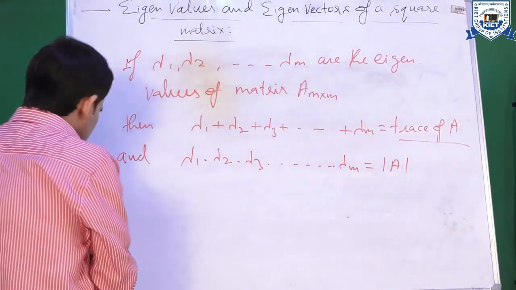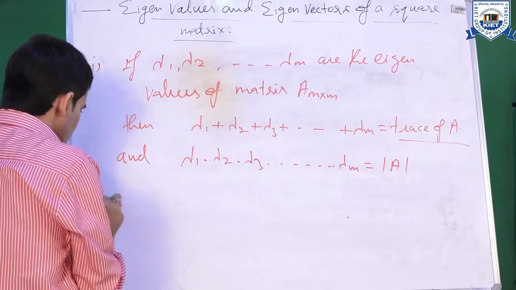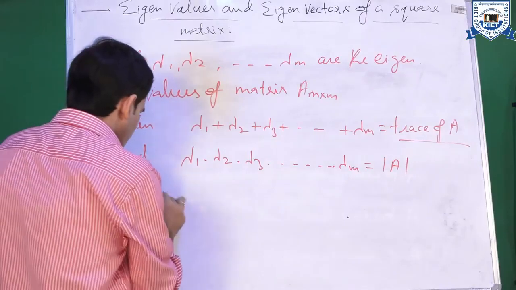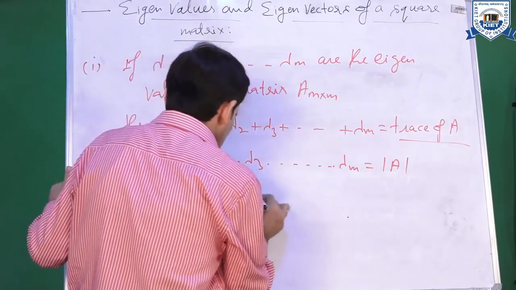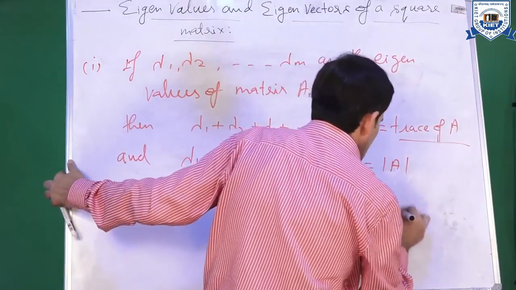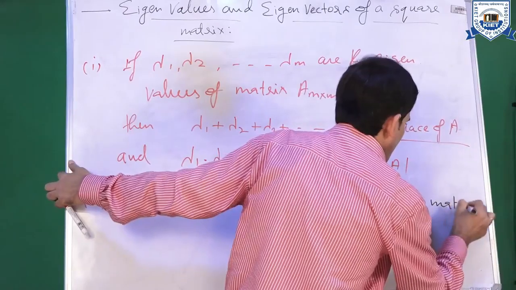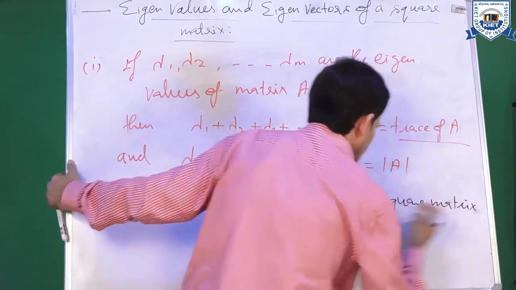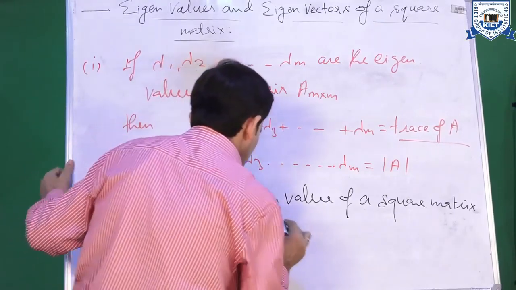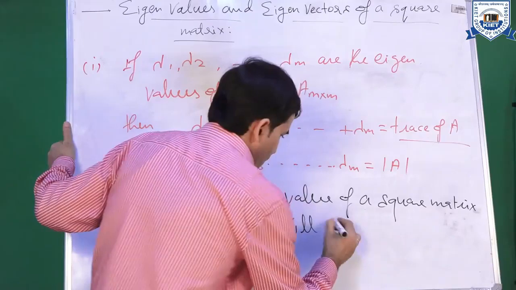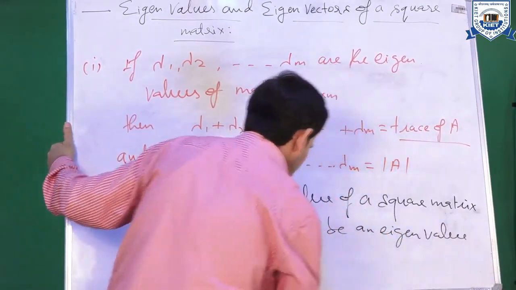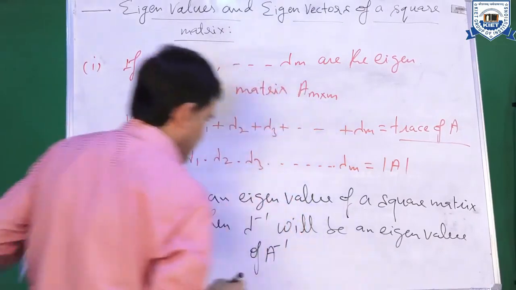And the second important result is, if lambda is an eigenvalue of a square matrix capital A, then lambda inverse will be an eigenvalue of A inverse.